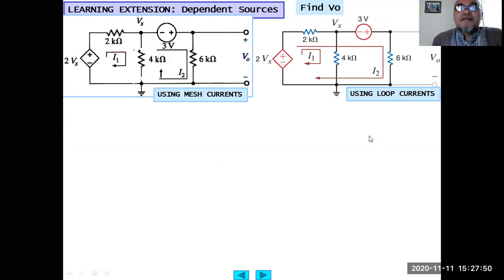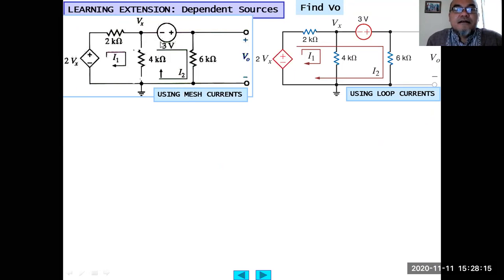So here, if we have dependent sources, another example, yeah. Here we have a voltage controlled voltage source, and we are asked to calculate the V output on the right hand part of the circuit. So find V output. Okay, if we use mesh current, then we use it like this.